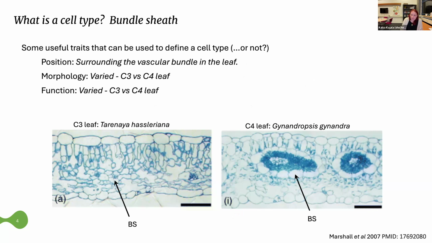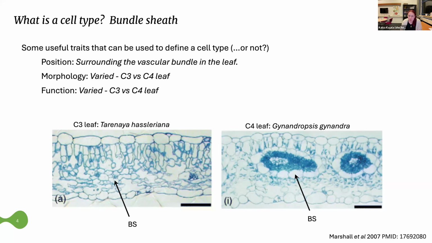In the C3 leaf, the bundle sheath cells are fairly small and have roles in transport and metabolic processes involving sulfur and nitrogen. In the C4 leaf, like you can see here on the right, the bundle sheath cells have evolved to become the powerhouse of photosynthesis. C4 leaves have an additional biochemical cycle that concentrates carbon dioxide into the bundle sheath.